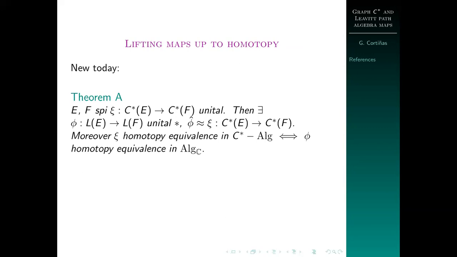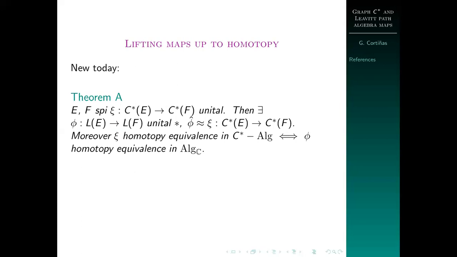And moreover, the map you started with is a homotopy equivalence if and only if this algebraic map phi is a homotopy equivalence in the category of algebras. Okay? So you can lift any unital star homomorphism to a unital star homomorphism of the Leavitt path algebras up to homotopy, and if the map you started with was an equivalence, then so is this phi, and vice versa.